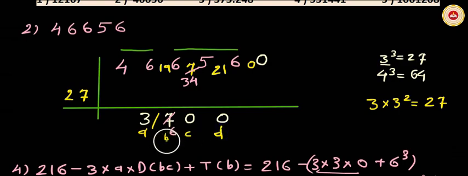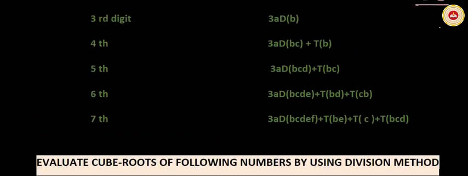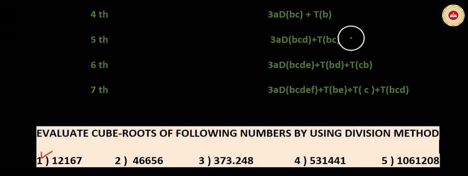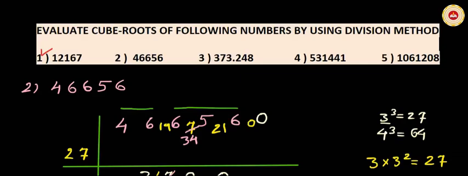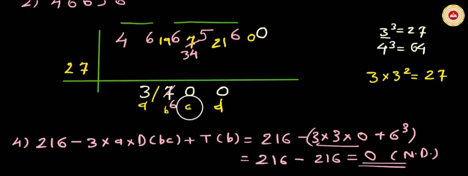So naturally duplex would be 0 plus triplex of BC. What is B and what is C? It will be also 0. So 0 minus 0 equal to 0. Net dividend 0. And when you divide net dividend 0 by 27, of course result will be 0. So no point in carrying out further division. So let us stop division process here and write answer.